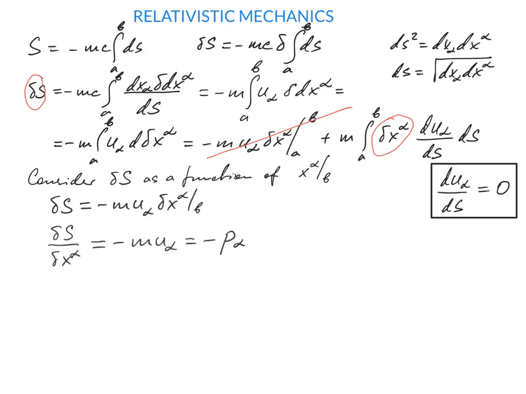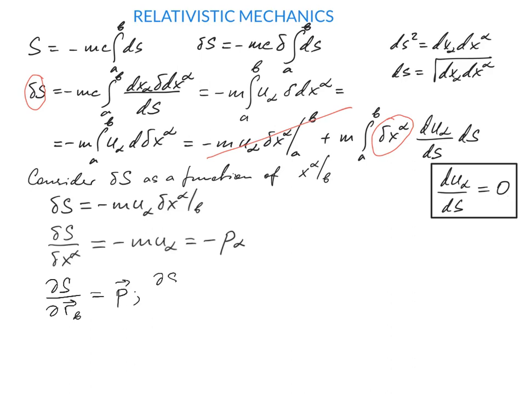So to see that, first we can recall that in classical physics, we've learned that the derivative of the action with respect to the position of the final point on the trajectory, considering only physical trajectories, is just the momentum of the particle.